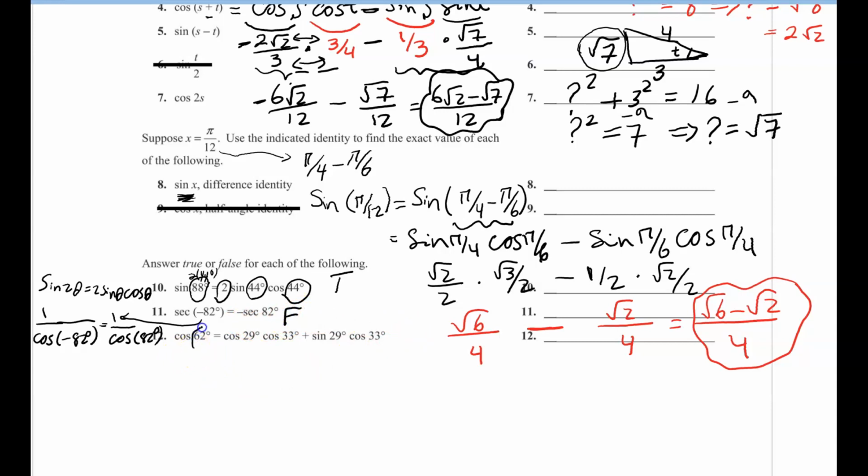And the last one, number 62, is the same thing as cosine of 29 degrees plus 33 degrees. That's fine, but if it's cosine, this sign right there must be negative. If it's a plus here, it must be a minus here, so that's why it's false.